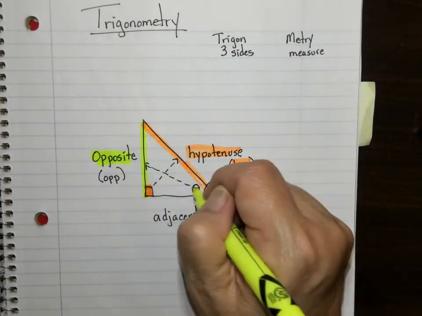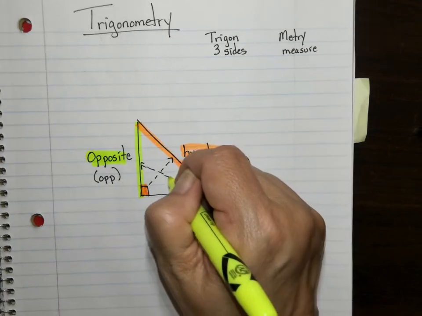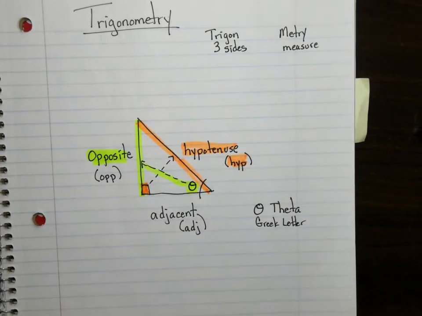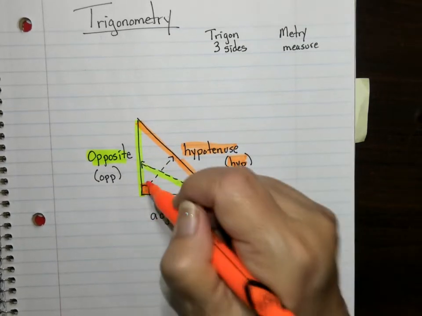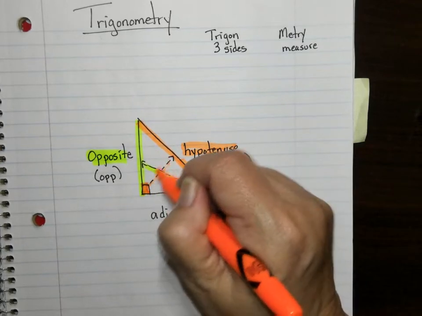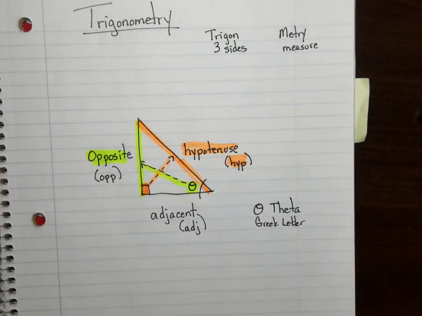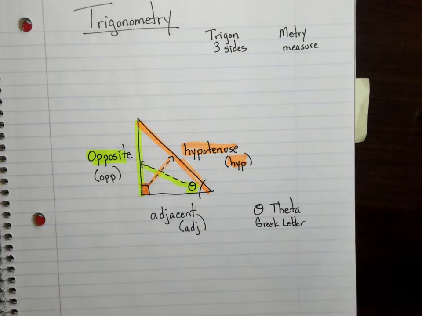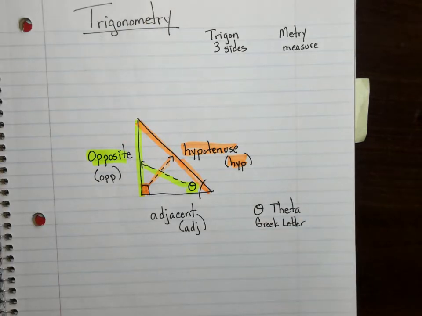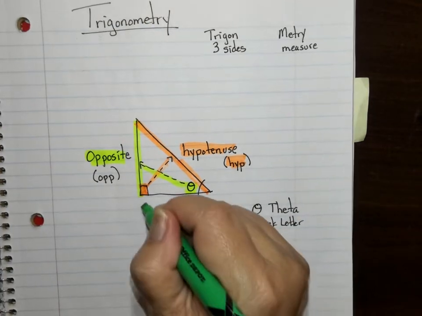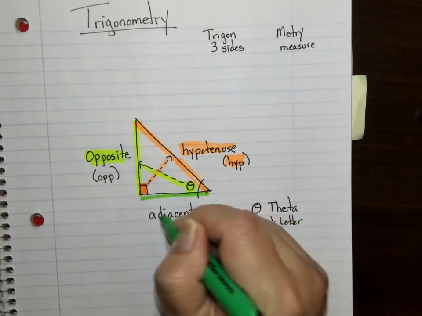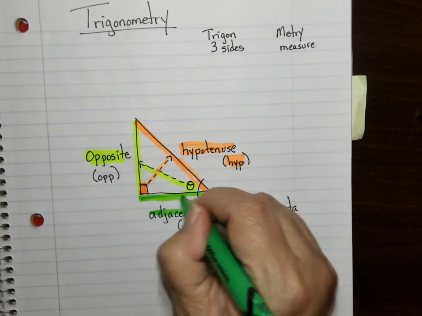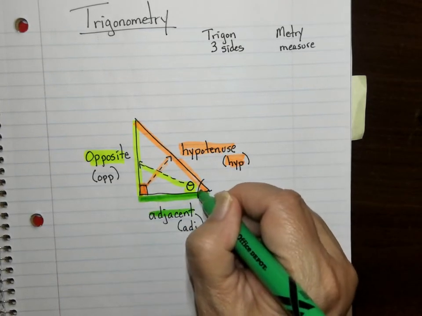Opposite, because it's opposite from theta, like that. And then we have our adjacent, and adjacent means next to. So your adjacent is your one that's next to theta.